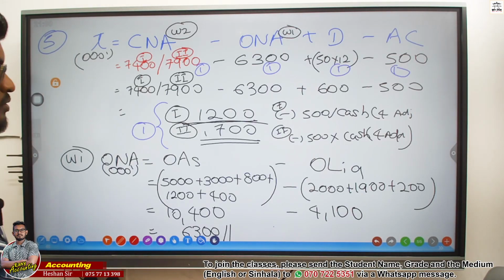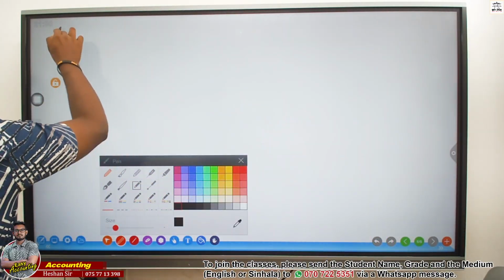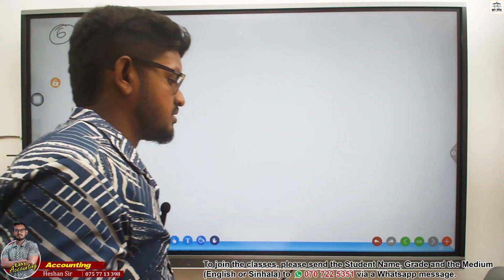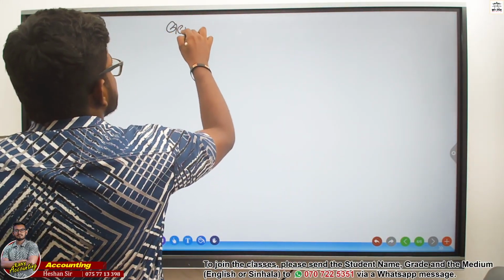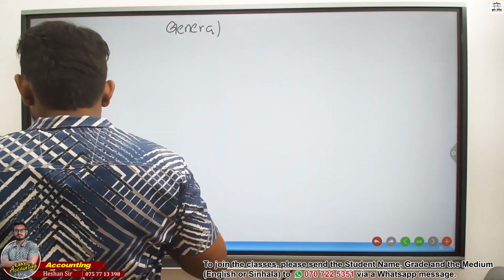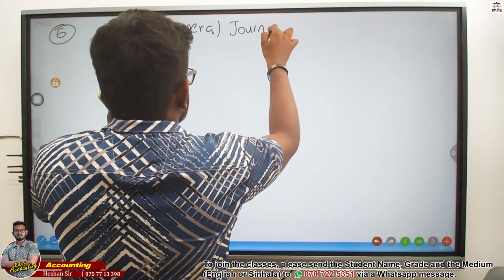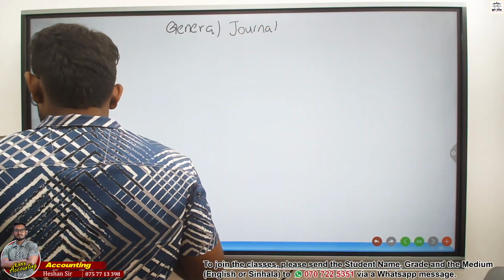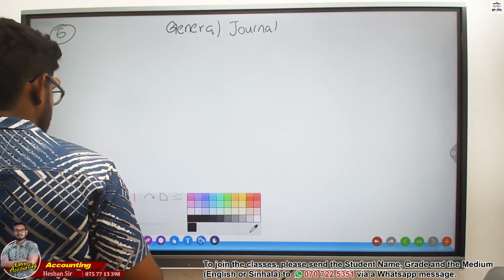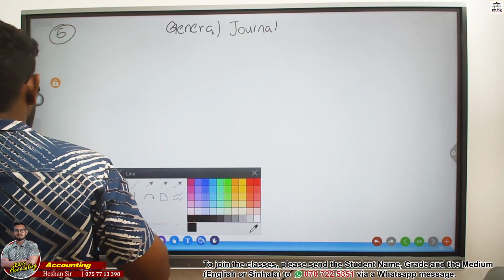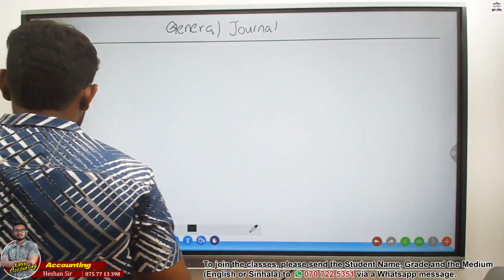So question number six. Draw a general journal, draw the format.